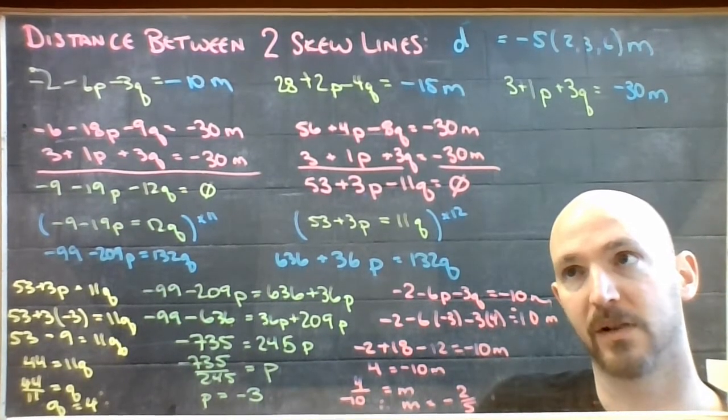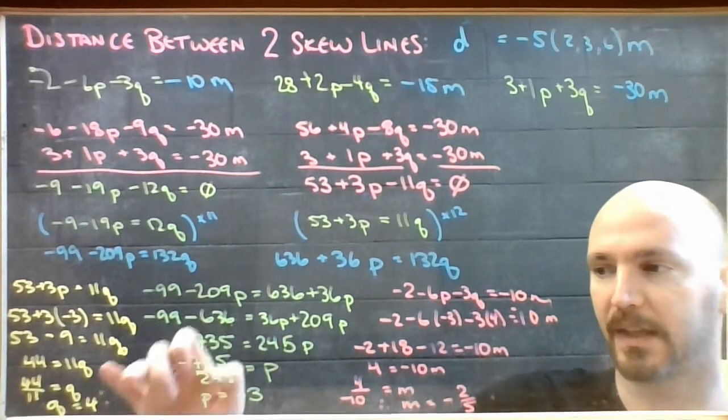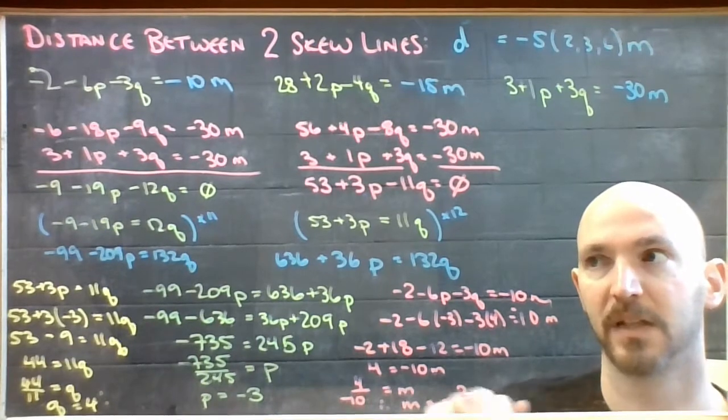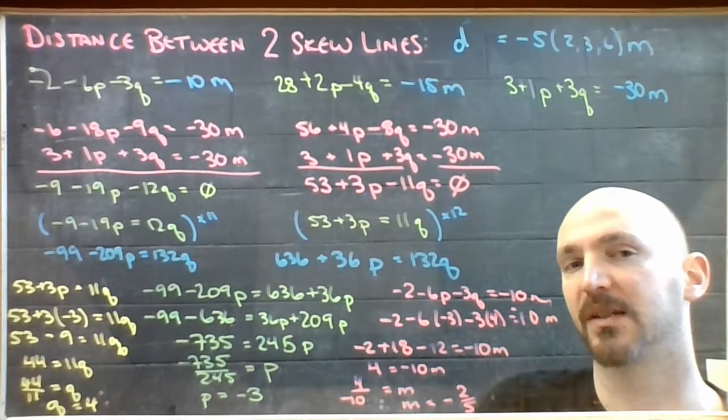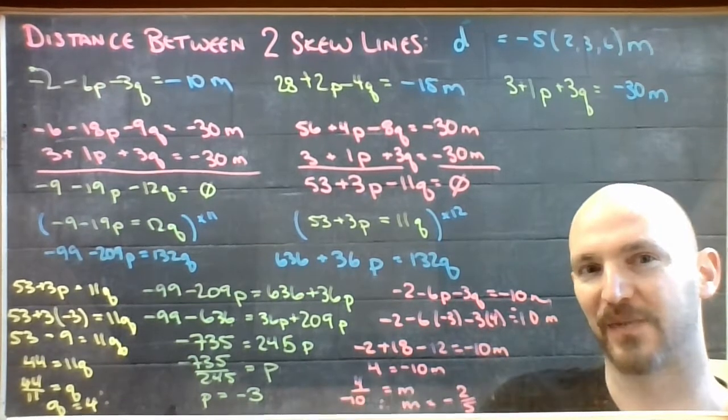Goodness. So what does that tell us? Well, I'm going to erase everything except these three numbers at the bottom. We're going to bring back the original lines we started with, and we'll try and figure out what we've just figured out.